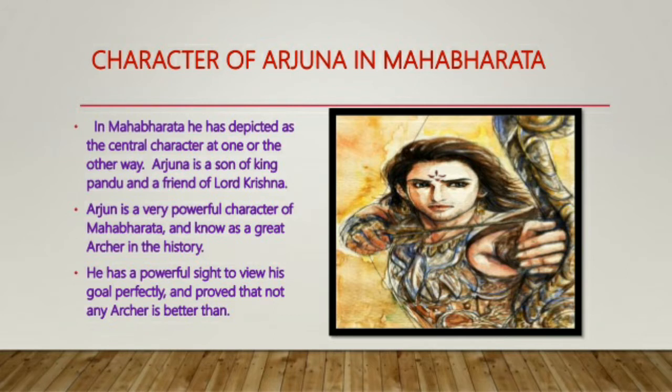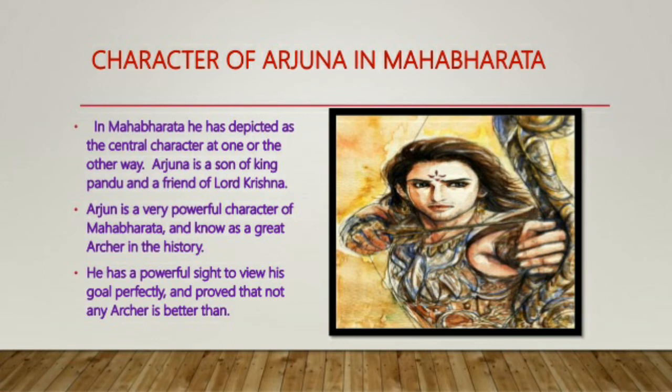So now next, the character of Arjuna in the Mahabharata. In the Mahabharata we find the character Arjuna. Here we can see a photograph of Arjuna. In the Mahabharata he is depicted as a central character in one way or another.